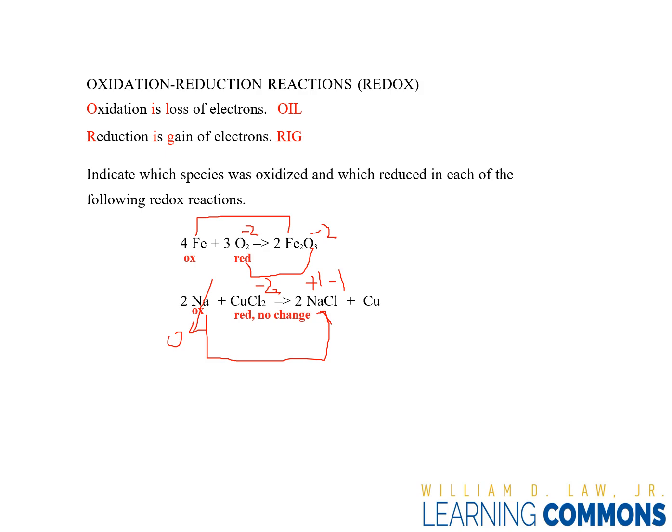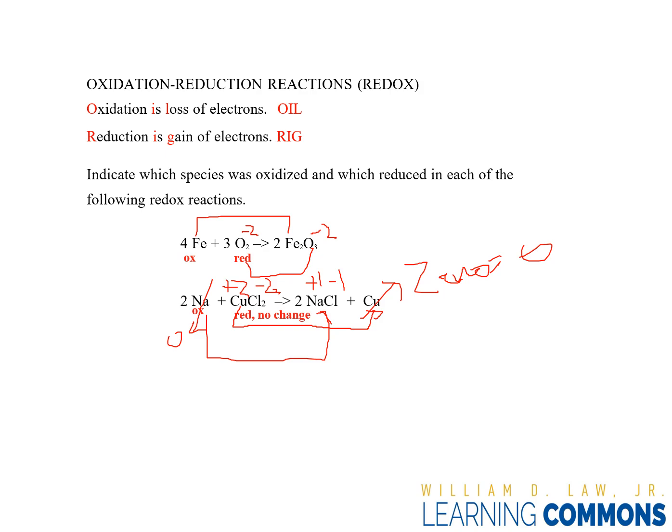And after that, the copper is reduced to 0. Here the charge of the copper is 0, and he gained more electrons, because before, the charge of the copper was +2, and after the reaction it becomes 0, and he becomes reduced.